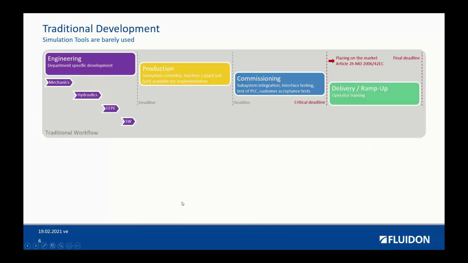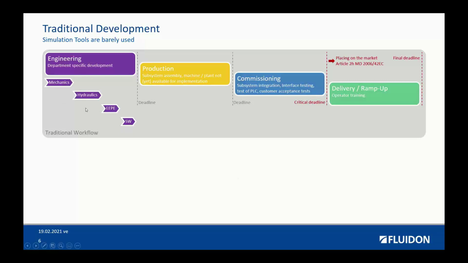Based on my work experience of 15 years, 11 of which I've spent in the mobile construction machinery sector, I dare to say that machine development still looks like this: a sequential processing of development tasks that are barely supported by interacting simulation tools. You only simulate when and where it is absolutely necessary, and usually you just have one specific goal for your simulation.